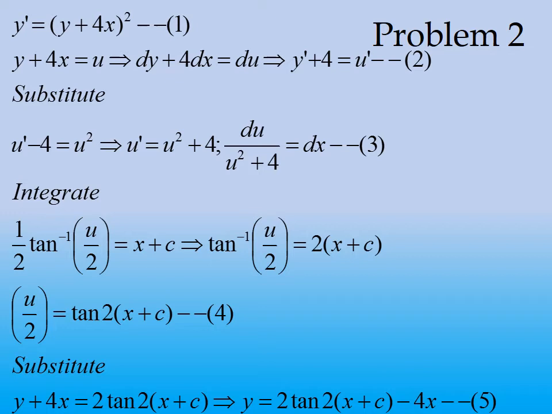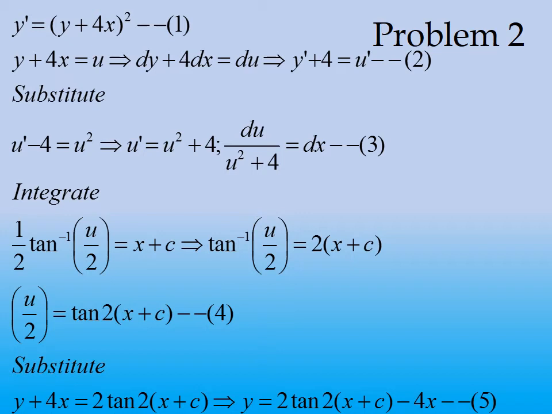Now if you integrate this, then du by u squared plus 4 is a standard integral. So it is half into tan inverse of u by 2 is equal to, on the right hand side if you integrate, x plus c. That is, tan inverse of u by 2 is equal to 2 into x plus c. And if that is the case, then u by 2 is equal to tan of 2x plus c.